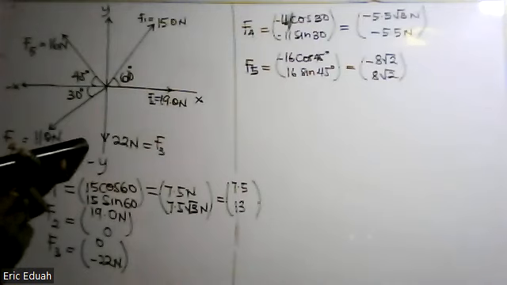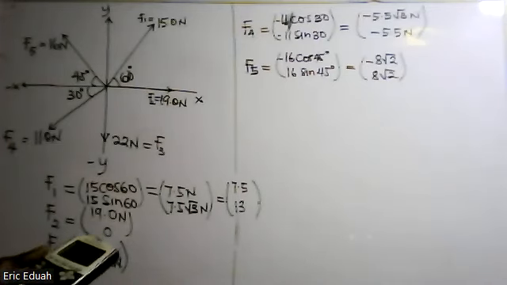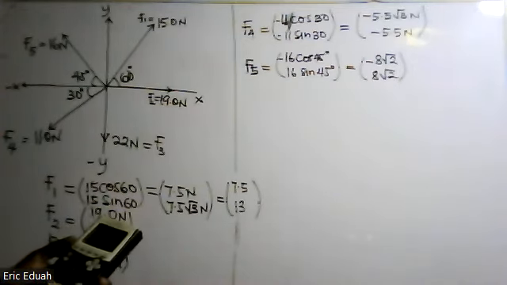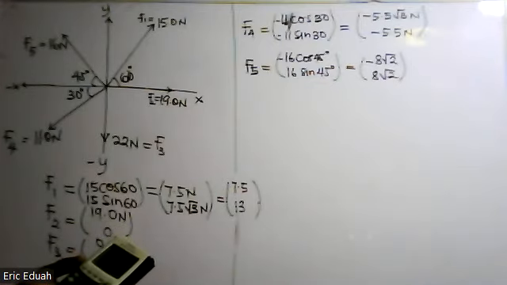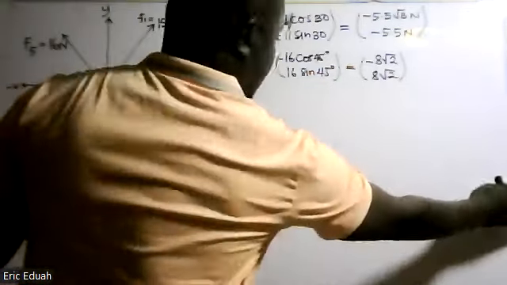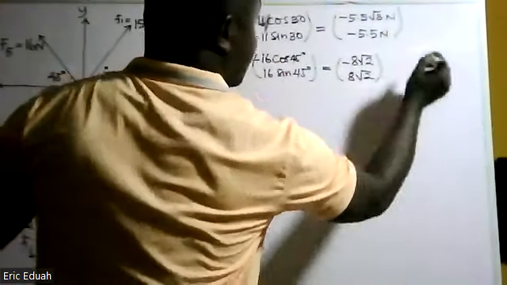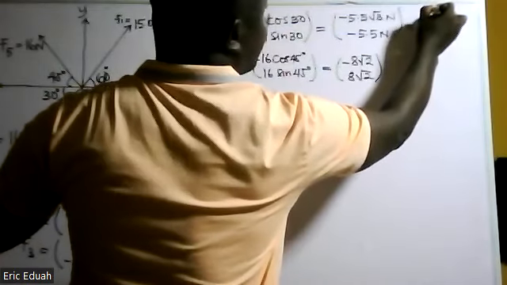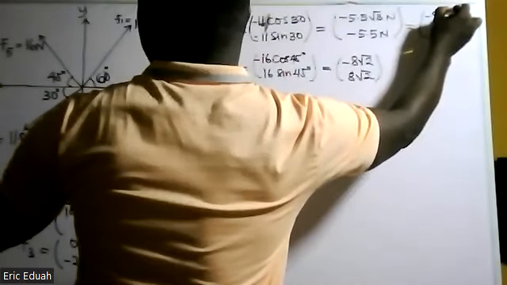Then 5.5 times root of 3 is equal to negative 9.53.